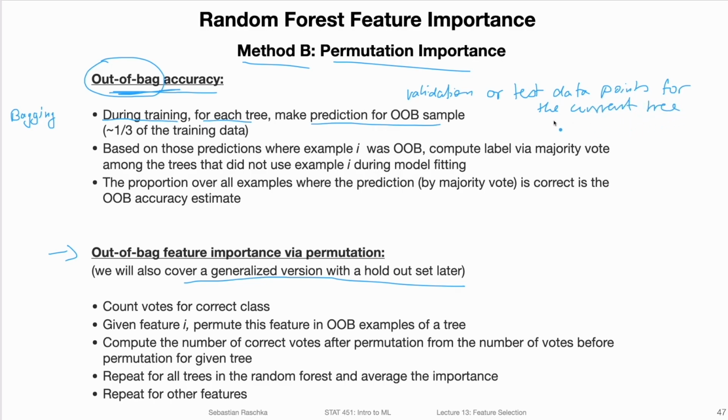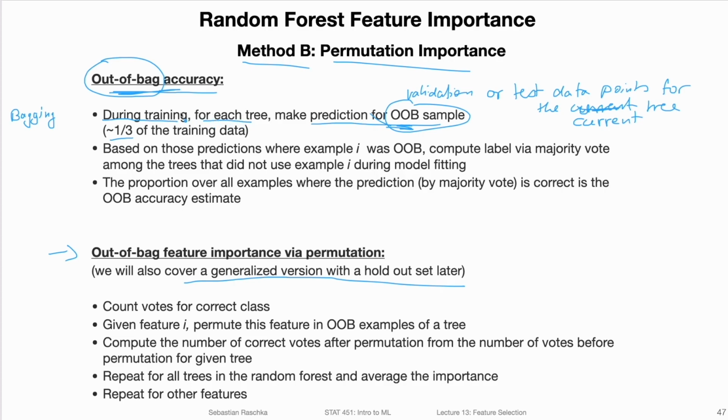We can think of these out-of-bag samples as validation or test data points because the tree doesn't see them, right? They are out of bag. The tree is only seeing the bootstrap sample, and then we have these held-out ones that the tree is not fit on. And we discussed in the bootstrap lectures that this is approximately 1/3 of the data. So there should be for each tree plenty of test data points if we have a sufficiently large training set.